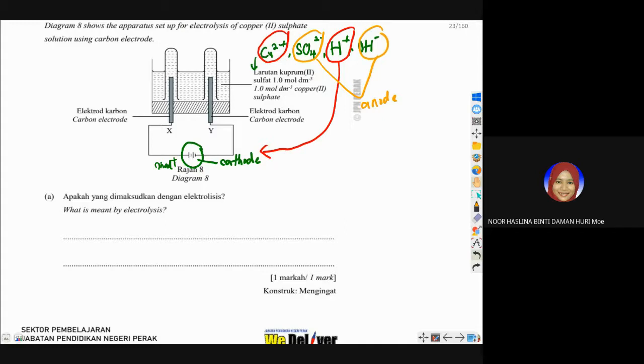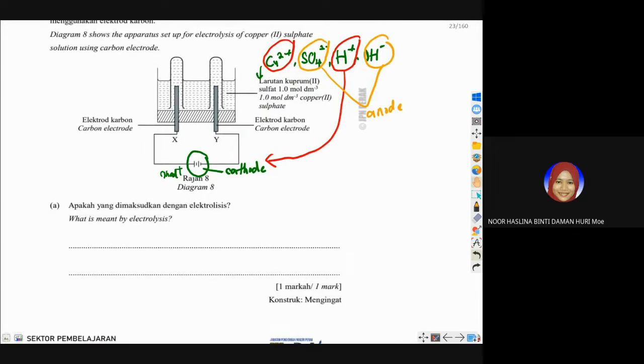Okay, so electrolysis is a process. Okay, it is a process. Ingat. So, what is the meaning of electrolysis? You tulis kat sini. Electrolysis is a process. You ambil daripada page 34. Okay, so that's the meaning of electrolysis.